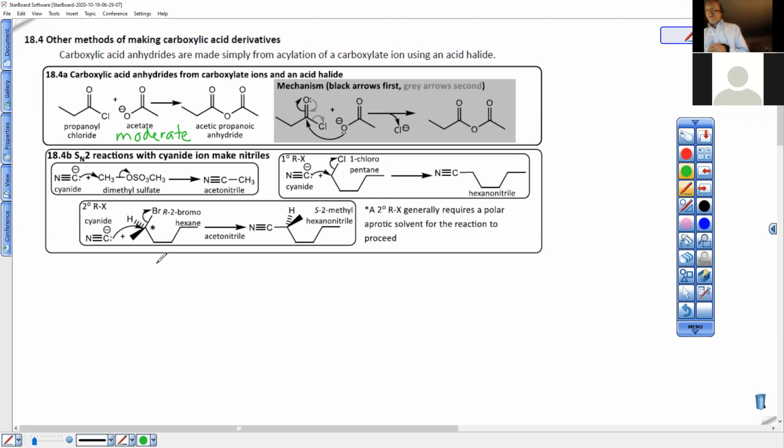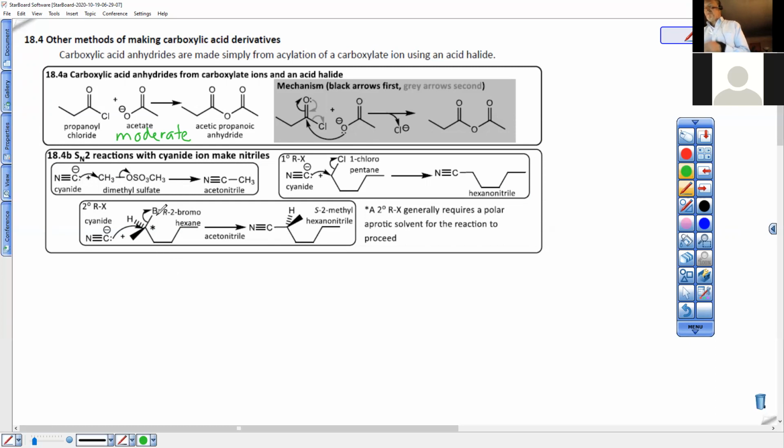This is something we already did just recently, twice already, today. Cyanide can attack carbons with leaving groups to make nitriles. And nitriles, here's another way, alkyl chloride, backside attack, alkyl methyl sulfate, leaving group there.